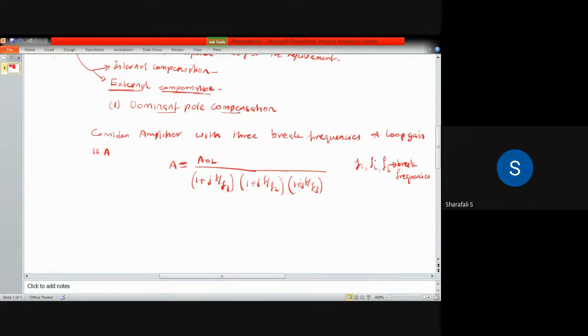These f1, f2, f3 will be providing the poles of the system, and that's why they are the break frequencies, or we can say corner frequencies. Now, if you consider such a system and want to apply dominant pole compensation in it, then instead of your normal op-amp circuit, you will be having a circuit like this.